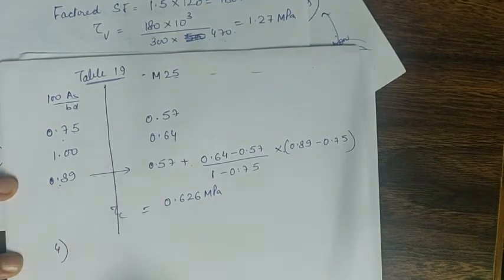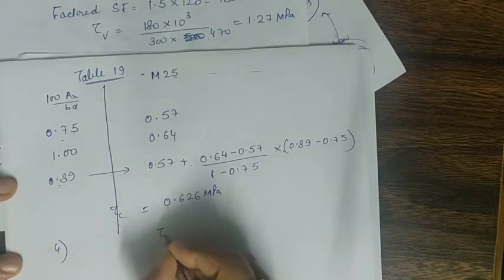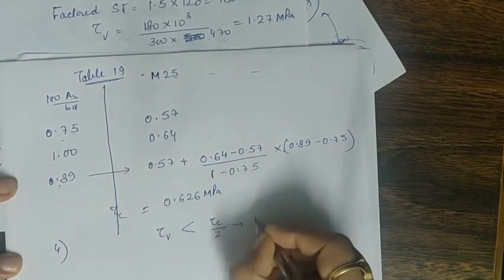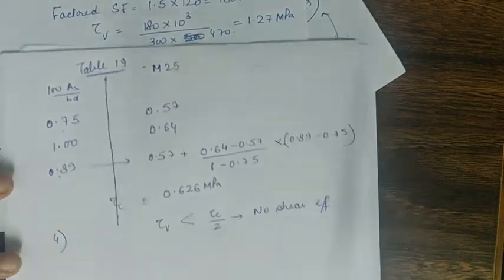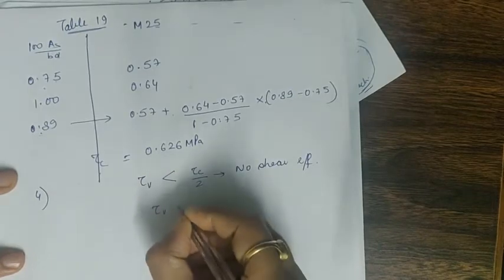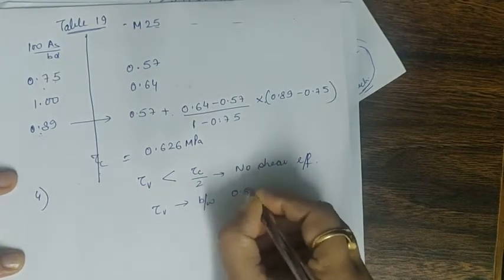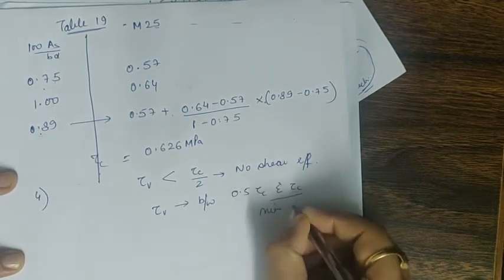Next step was, you were to compare this tau V and tau C. If tau V is less than tau C upon 2, then I do not require any shear reinforcement. If tau V is between 0.5 tau C and tau C, I'll require minimum shear reinforcement.